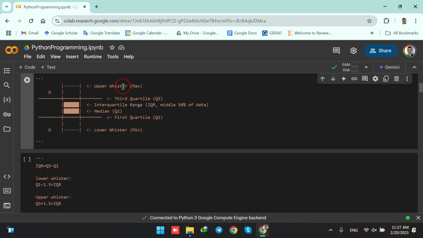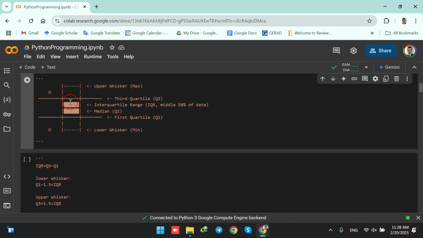And a box plot consists of a box that represents the interquartile range. So here is the interquartile range, for example, and 50% of our data exists there.